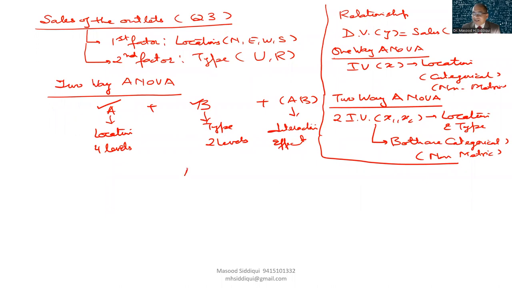The interaction effect, denoted by AB, is not necessarily equal to the individual effects of A and B. These are the main effects of A and B.